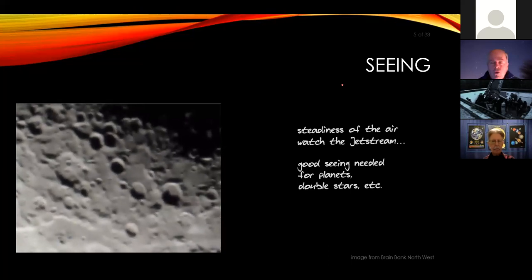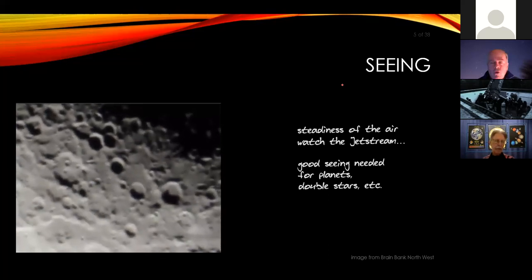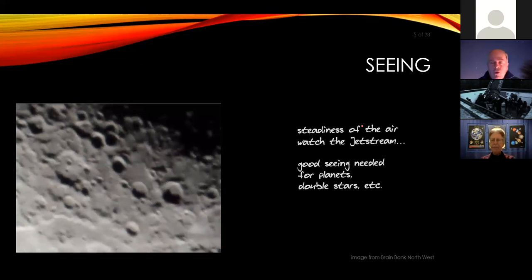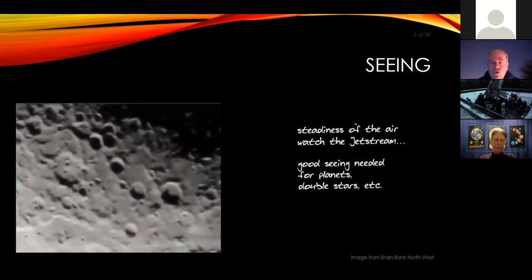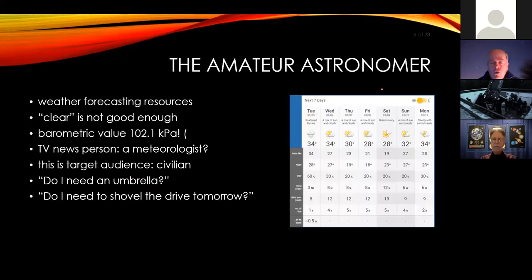We're always struggling with both, and you rarely get situations where there's both good seeing and good transparency at the same time, unless you're on a mountain or something like that. So hopefully that helps if you're a little bit fuzzy, no pun intended, on what transparency and seeing mean. And I'll be showing you tools that can give us more information about that.